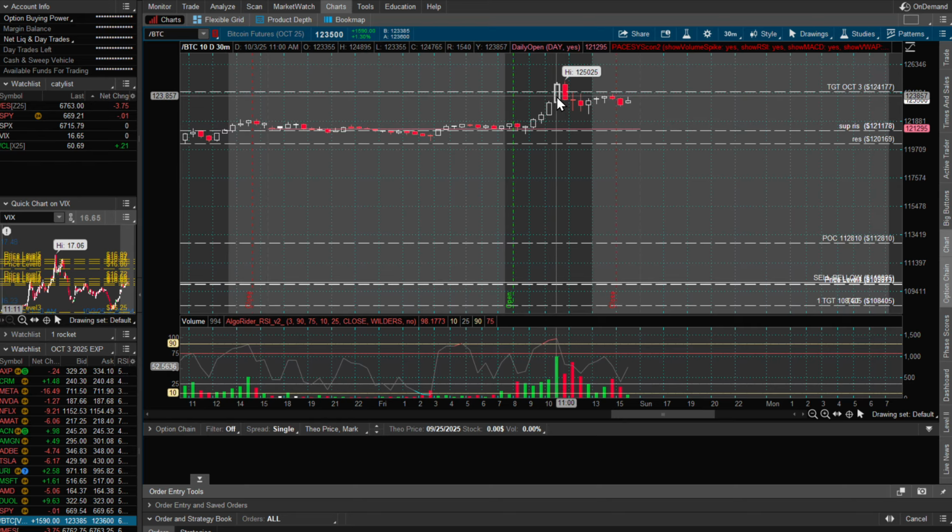Right now that range should be $1,500. We're looking at a $1,500 move.